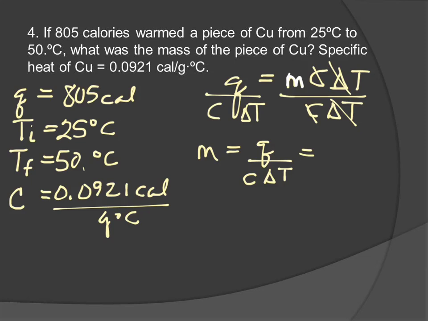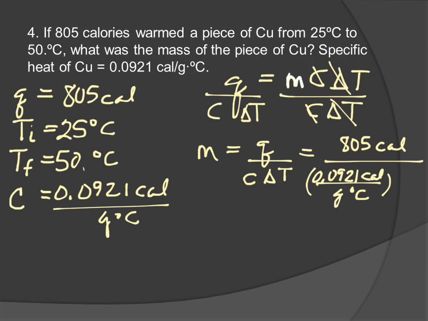So Q is 805 calories. C is 0.0921 calories per gram degree Celsius. Delta T, we need to go figure that out again. Now, you can probably do one like this in your head, but I'm going to write it out anyway.